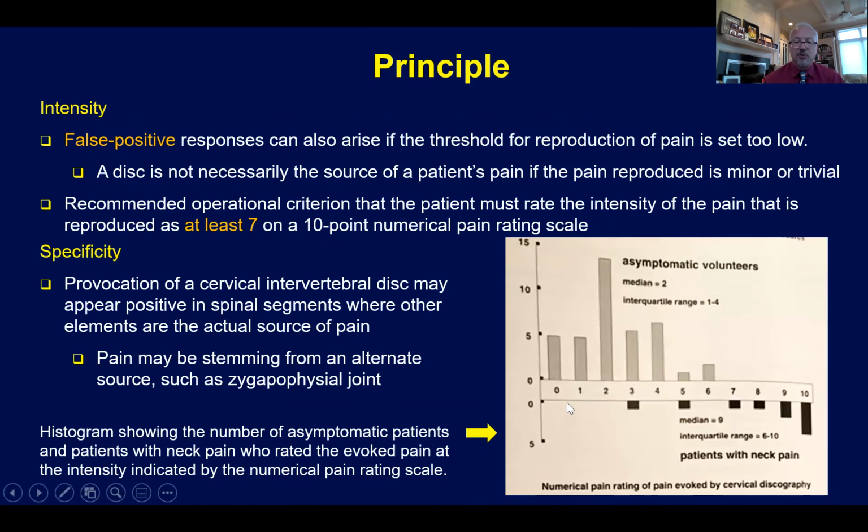This histogram shows the number of asymptomatic patients and patients with neck pain who rated the evoked pain at the intensity indicated by the numeric pain rating score. A false positive response can and does occur in some cases with provocation cervical discography if the threshold for reproduction of the pain is set too low.